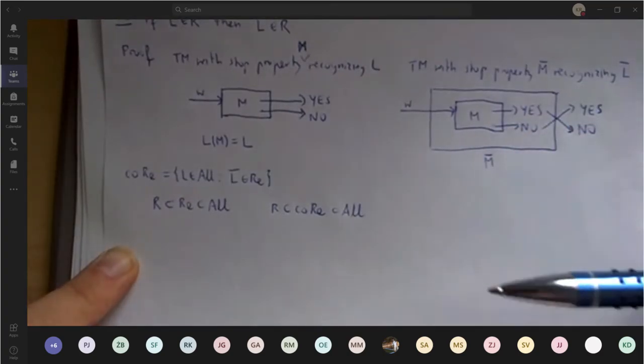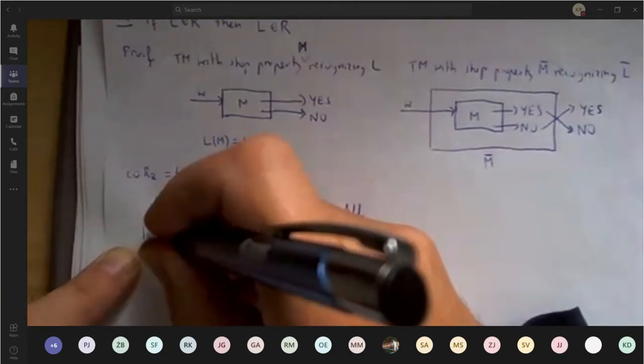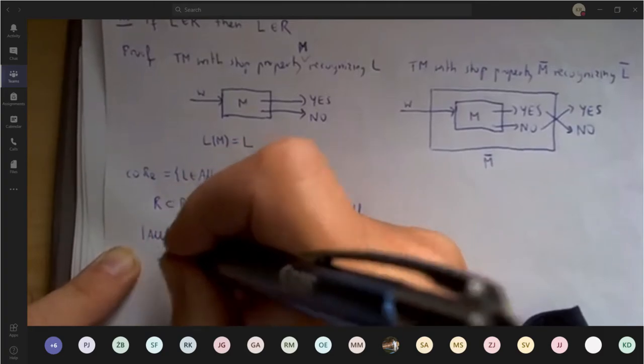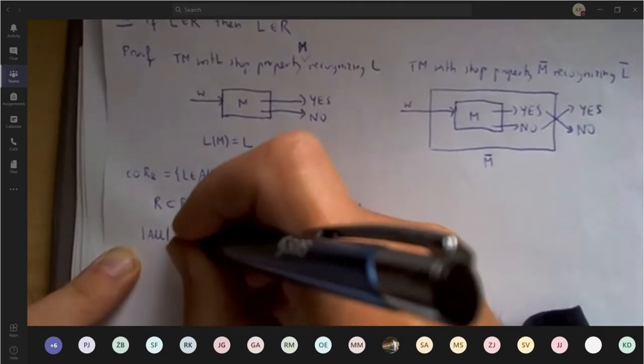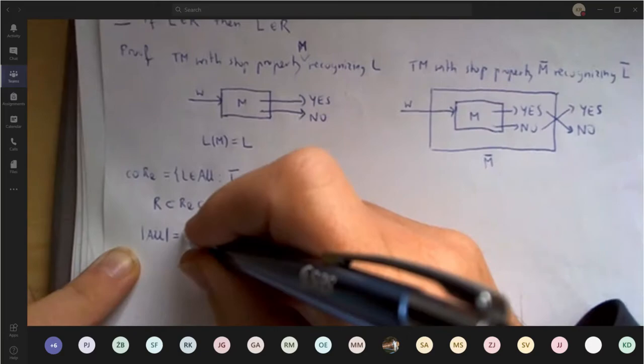Okay, so let's check the cardinalities of these sets. So of course, ALL is the set of all languages over {1, 2}, so of course it is uncountable.